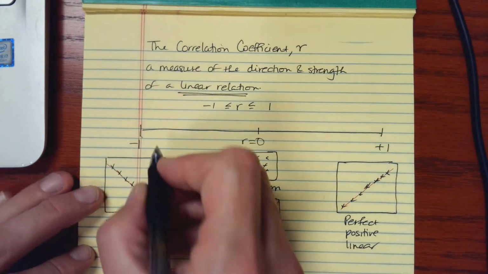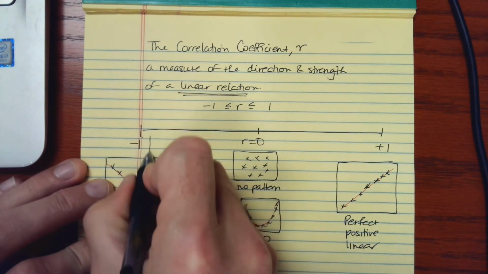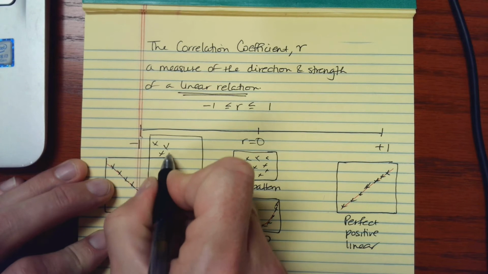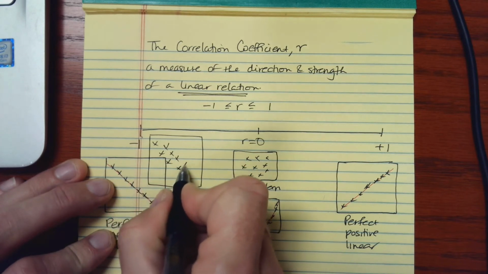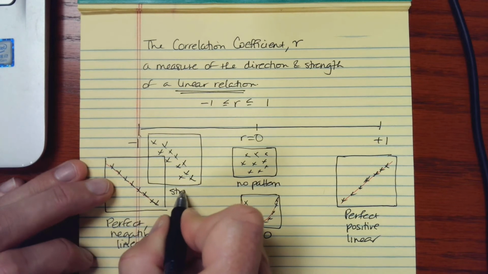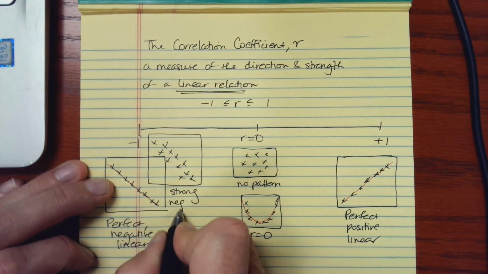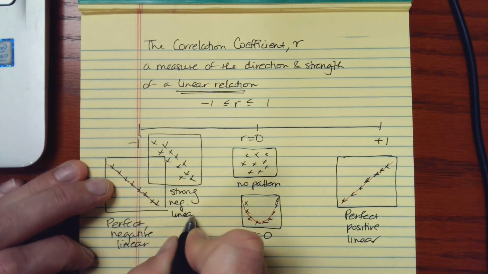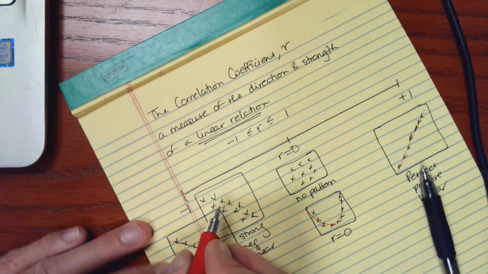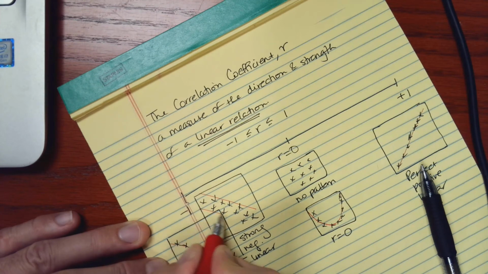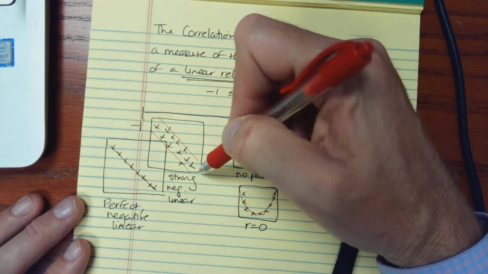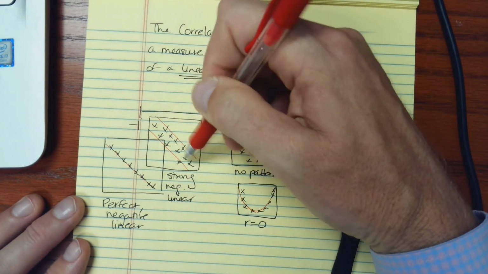So let me give you a couple more examples. Maybe we would have not a perfect negative linear relation, but a strong negative linear relation. These don't line up perfectly, but maybe instead of a single line, there's a band that would capture most or all of these data points.